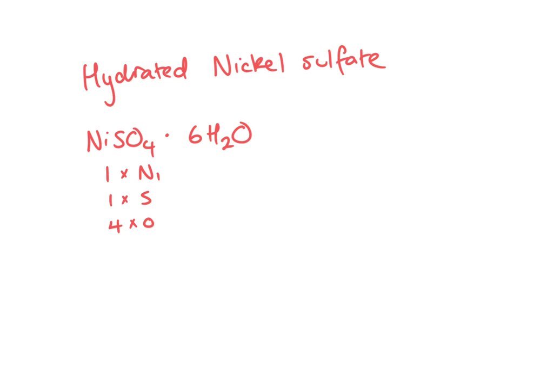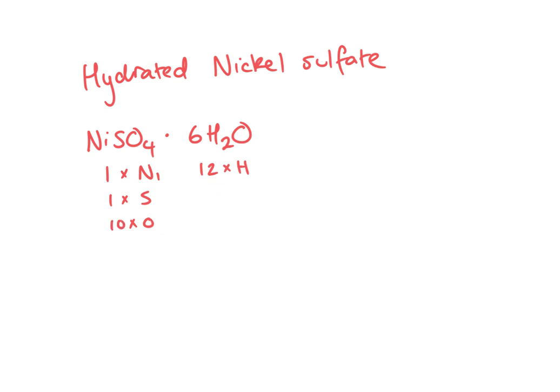So there's 6 waters, each water has 2 hydrogens, so there's going to be 12 hydrogens in total, and there's 6 waters, each one has 1 oxygen, so it's going to be 6 times oxygen. So it's quite useful if we just add them together to get a total. So overall, we're going to have not 4 oxygens, but we're going to have 10 if we add that 6. And I'll just rub it out from the other side as well.